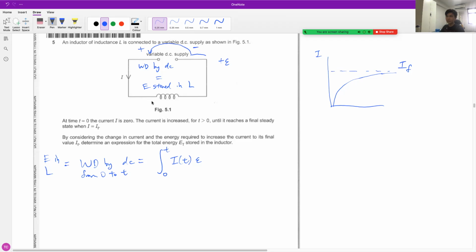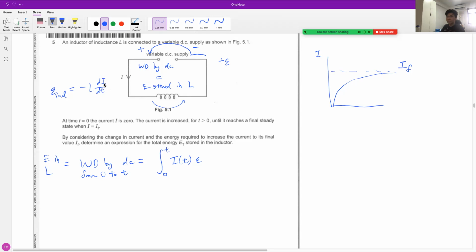Then you go over here and down here. First of all, we know that the back EMF, the induced EMF of the inductor, is minus L di/dt.